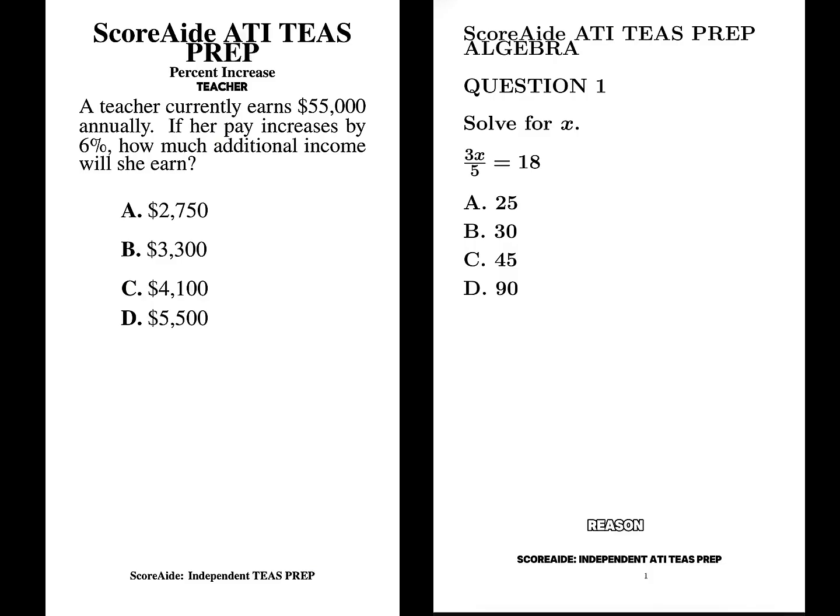A teacher currently earns 55,000 annually. If her pay increases by 6%, how much additional income will she earn? In these cases, we are looking for the actual increase. So the actual increase is gonna be 6% of 55,000.